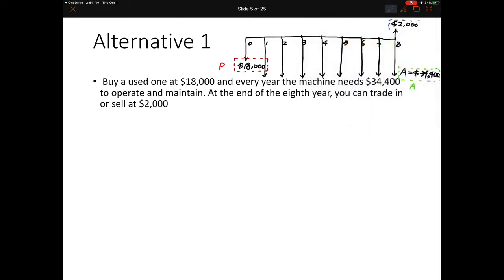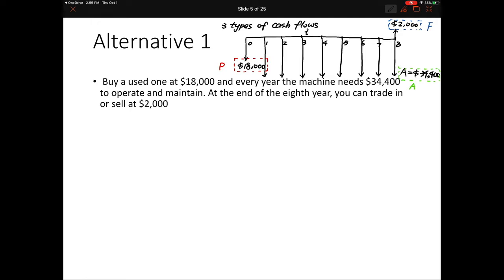And the third type of cash flow is a future value, right? Compared to time 0, this 2,000 is happening in the future, so that's a future value. So you have 3 types of cash flows, and then you want to convert all 3 back to the present time.